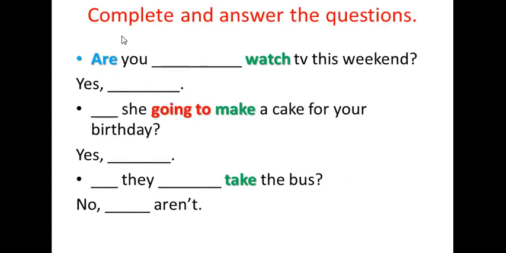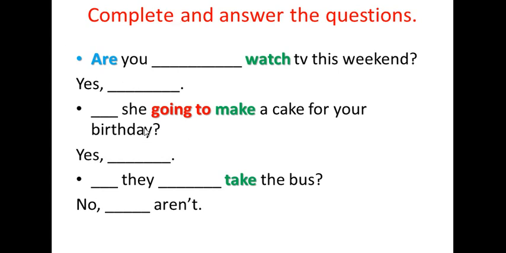Here you have some exercises to practice these questions. So complete and answer the questions. Remember that the sentences always start with the auxiliary. If it is he, she, or it, it is is; you is are, and we or they is are.